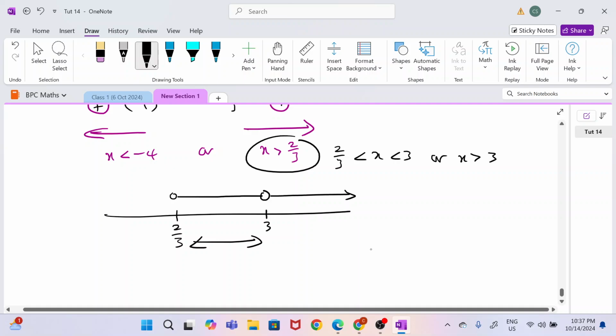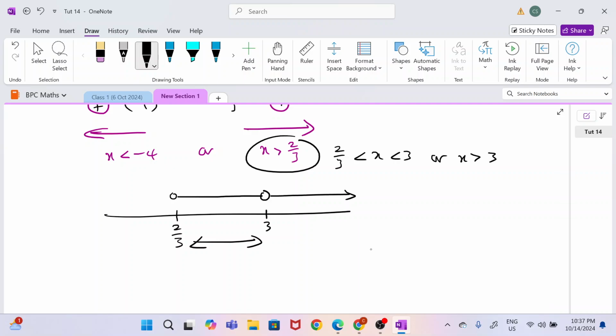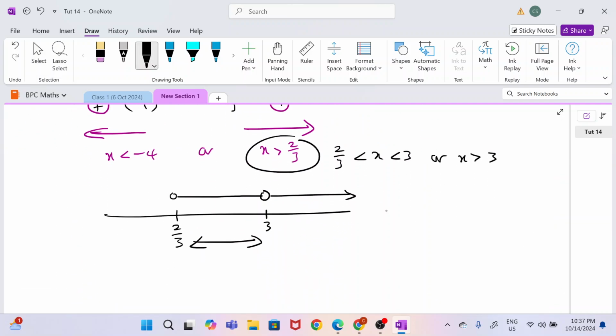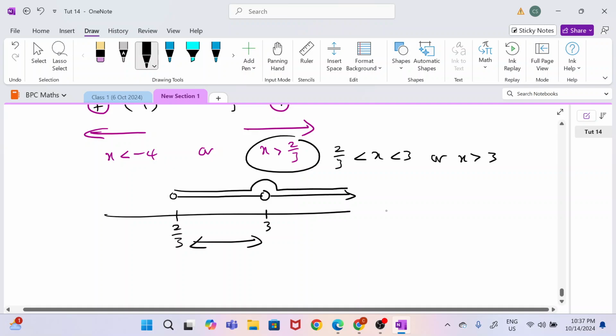Okay, this is how we omit. We don't take 3. How? We jump. We take all the way here and then jump and go here.